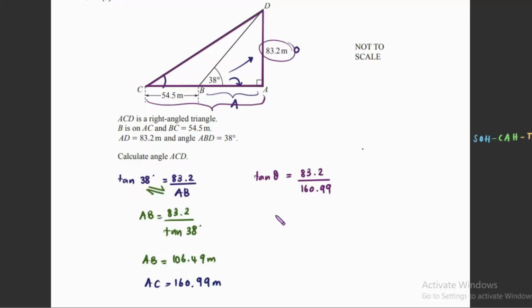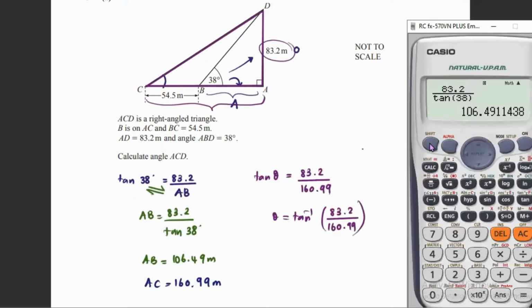But in this case, we're supposed to calculate the angle. So we need to do inverse tan for the value that we have here. So 83.2 over 160.99. So I'm going to put this in the calculator. So inverse tan is what I need to use when finding the value of the angle. So in this case, it's going to be 83.2 divided by 160.99.